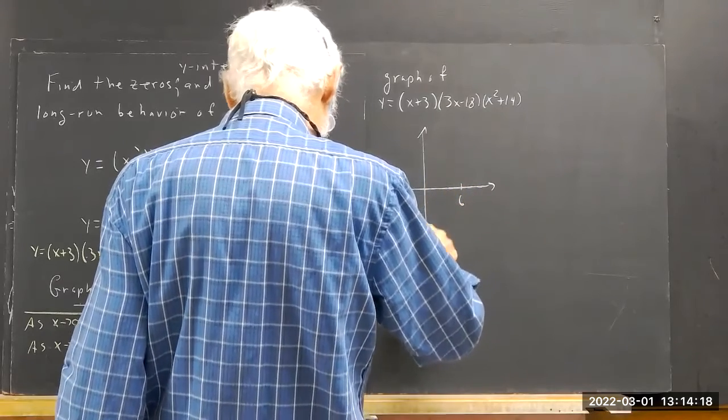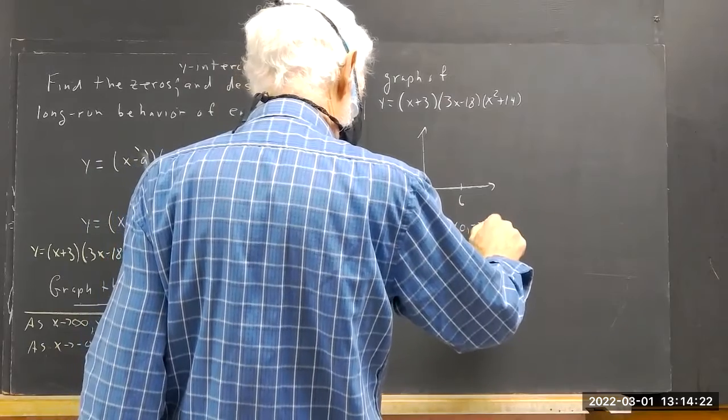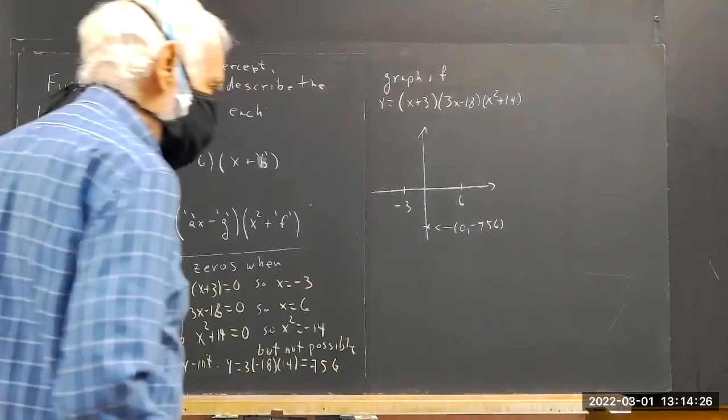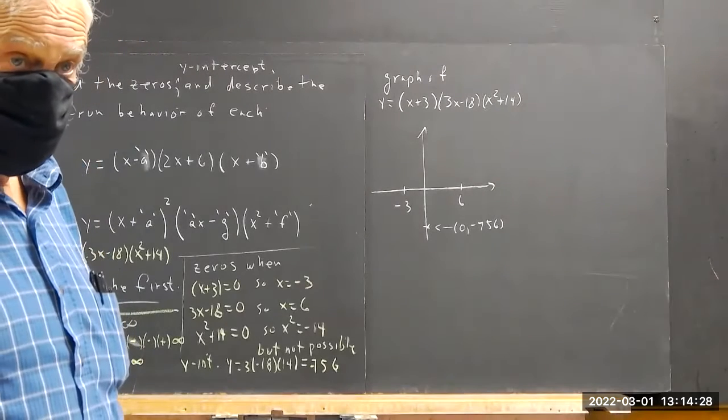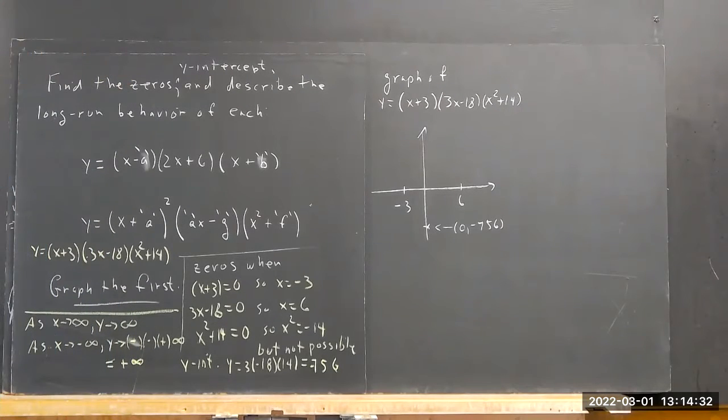The Y-intercept is at 0, negative 756 if I did my mental arithmetic correctly. Okay. So what does the graph look like?